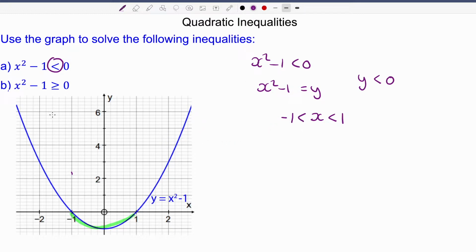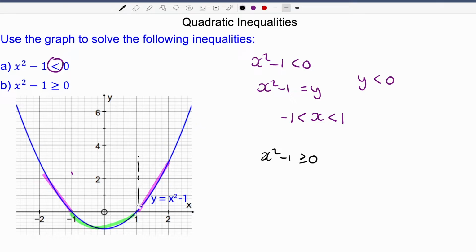Okay, so for part B, now we have x squared minus 1 must be greater than or equal to 0. Well, again, we'll identify the region on the graph, and this is now going up from the x-axis here and here. So you can see now the two solutions.